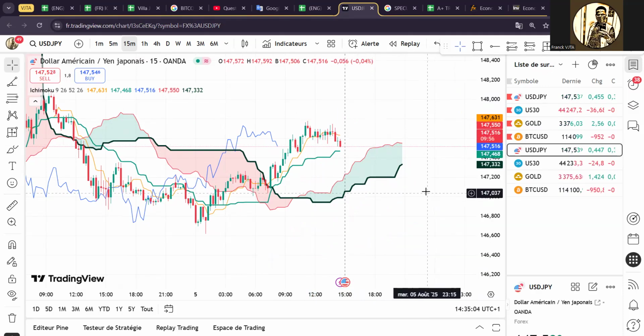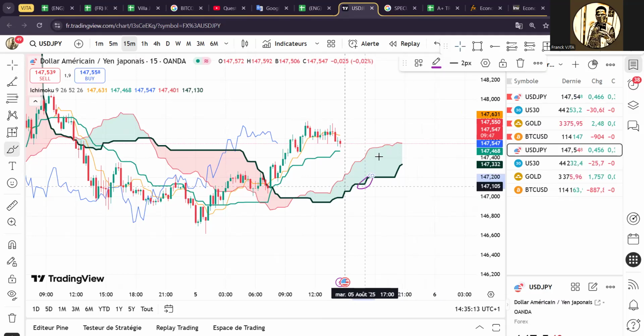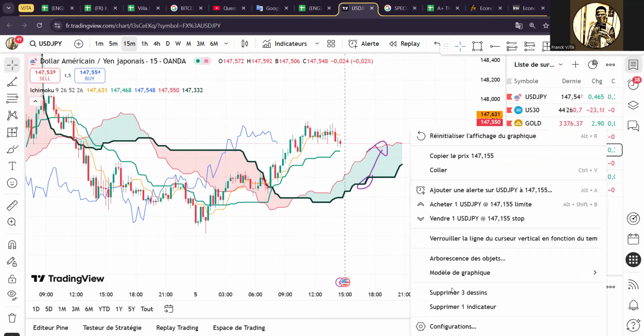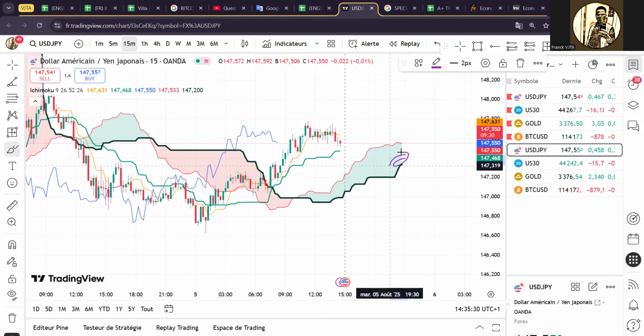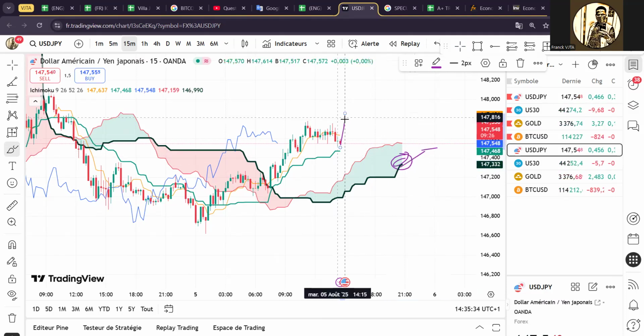Let us talk about the deep trend and the actual trend. The deep trend is to the upside, so we can put priority on buys over sells, no problem. But when it comes to the actual trend, we can have an actual trend that is an inclination like this one. When the actual trend is inclined to the upside like this, it means the price must go to the upside too.